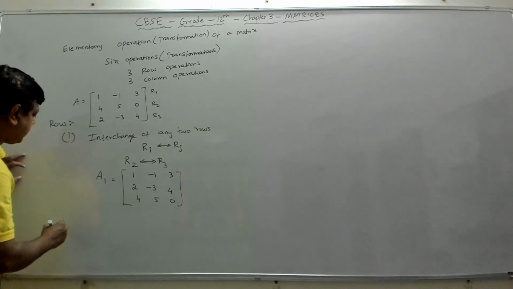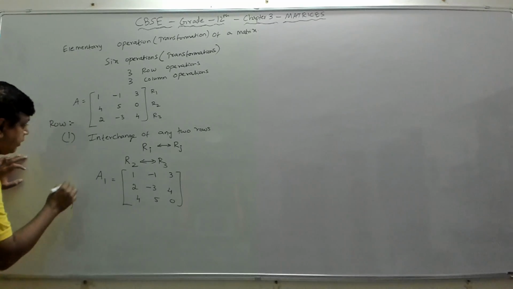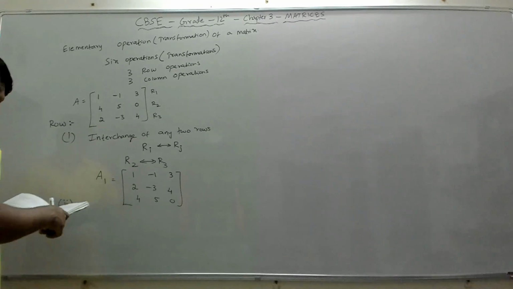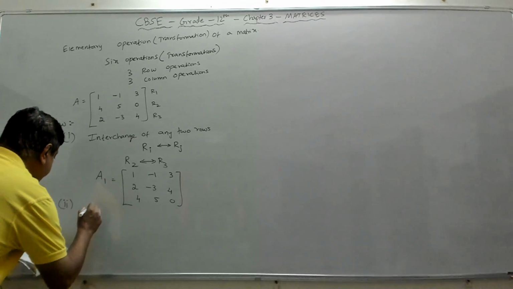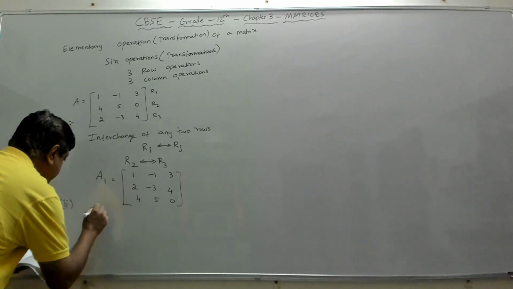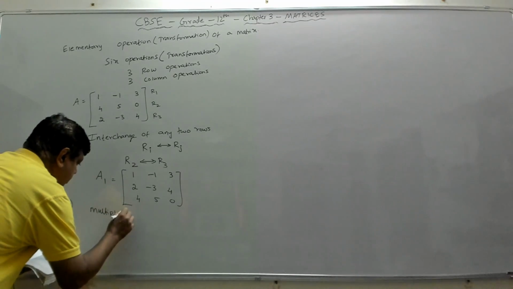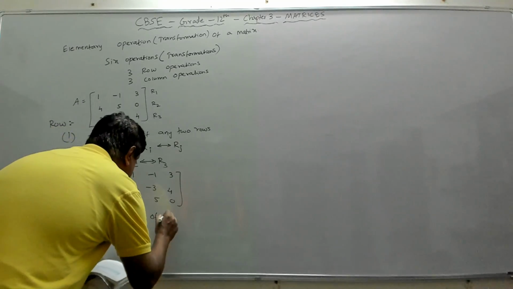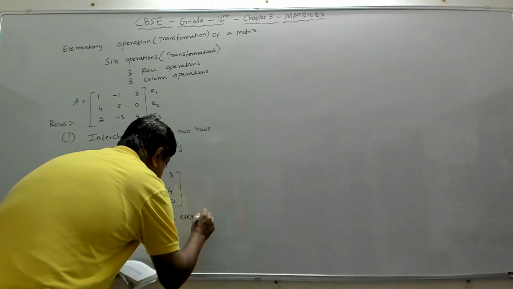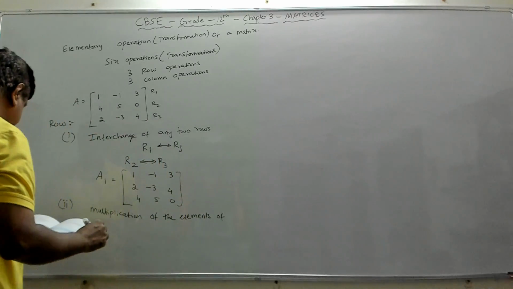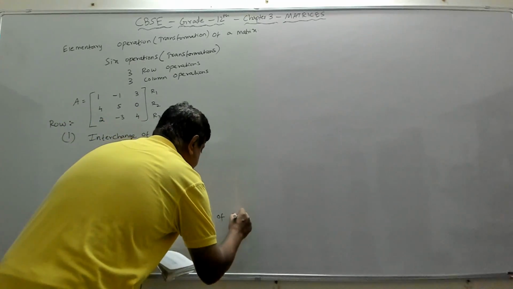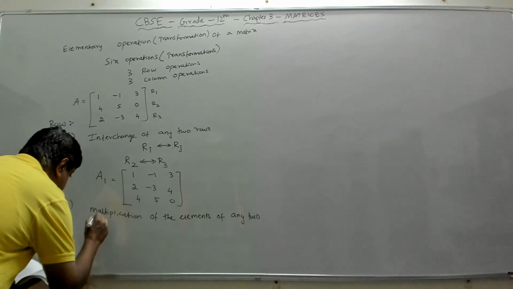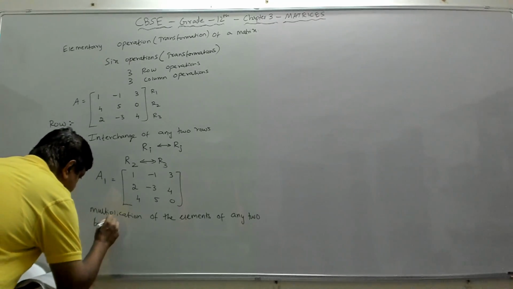Then we have the second operation on the rows again. That is multiplication of the elements of any row by a non-zero number.